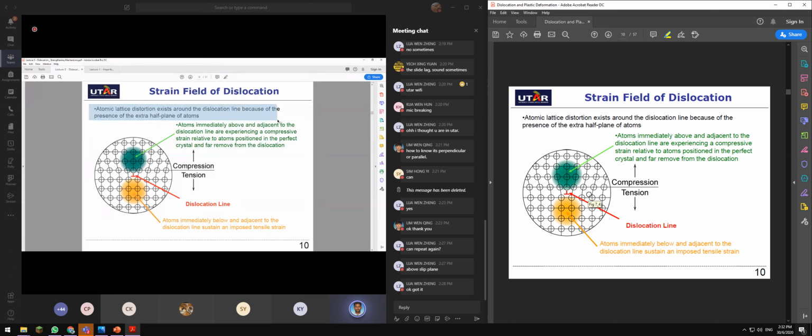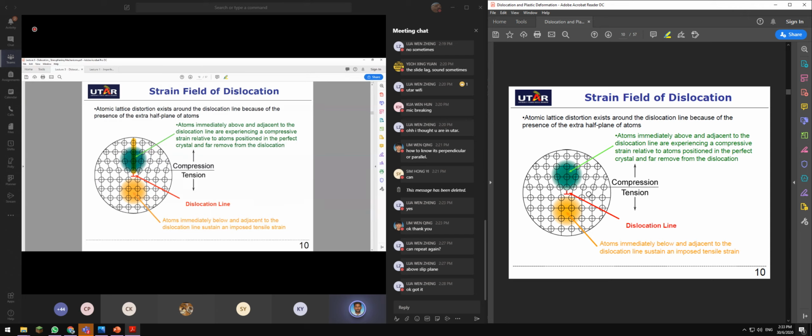This is your half-plane of atoms. So there is a distortion because of the dislocation due to the half-plane of atoms.